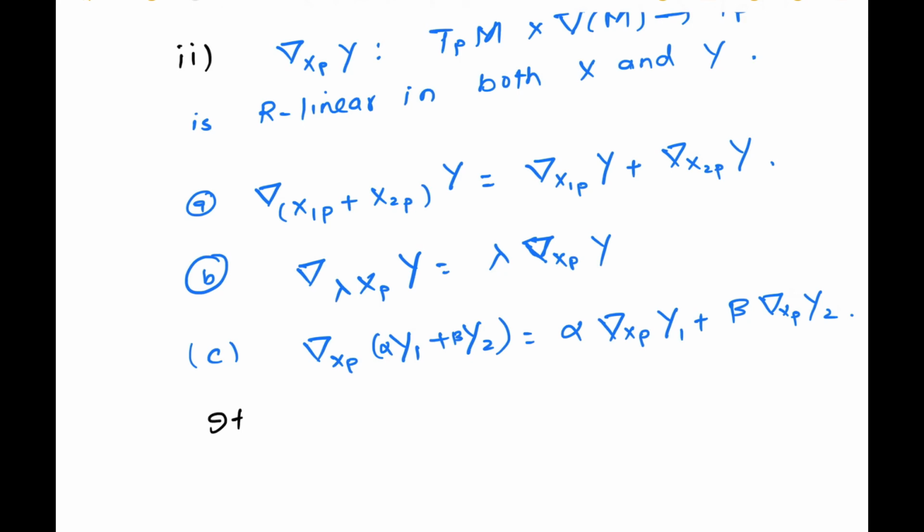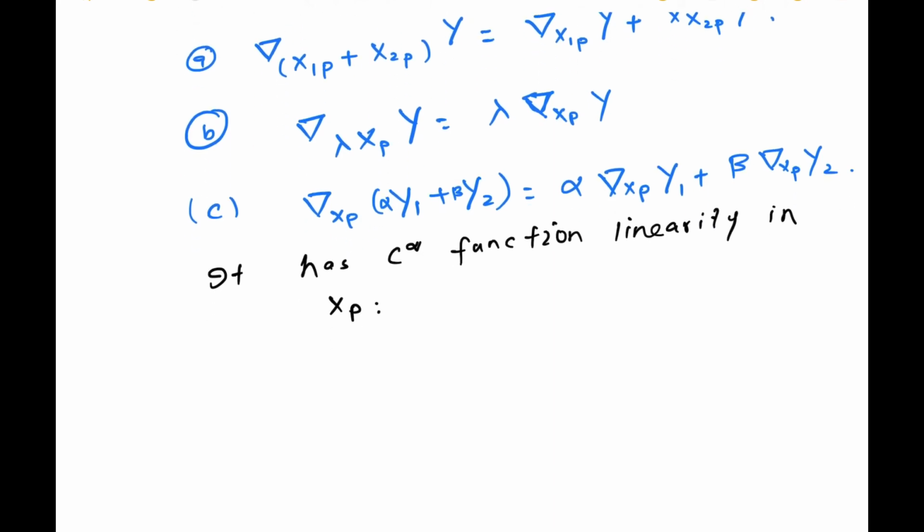I can call this C infinity function linearity in xp. So for example, if I have some function f and I multiply it with xp and then I take the covariant derivative, this becomes f del xp y.